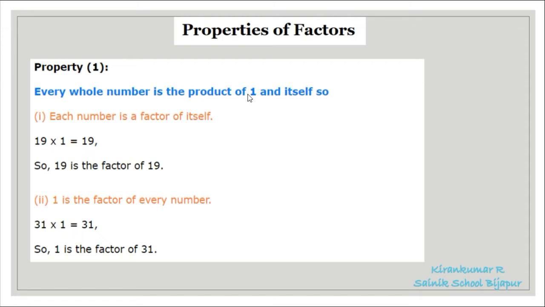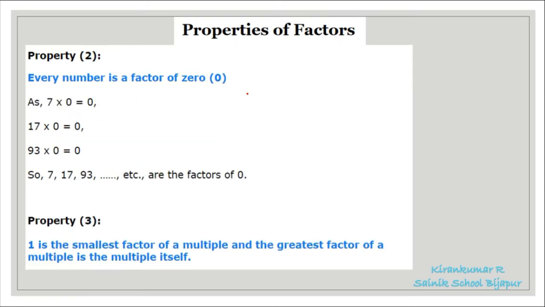The second property is every number is a factor of 0. Why is that? When 7 is multiplied by 0, we get 0. 17 multiplied by 0 also is 0. 93 multiplied by 0 is also 0. 7, 17, 93, all these numbers are factors of 0.